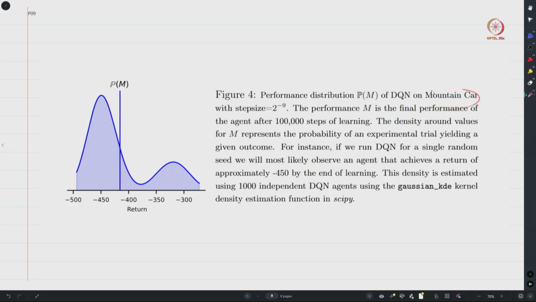There is an environment labeled mountain car, and there what they do is they run the Q learning algorithm for a sufficiently large number of steps, and at the end whatever policy they obtain, which is the policy that is greedy with respect to the Q value estimate, they evaluate the value of that policy.